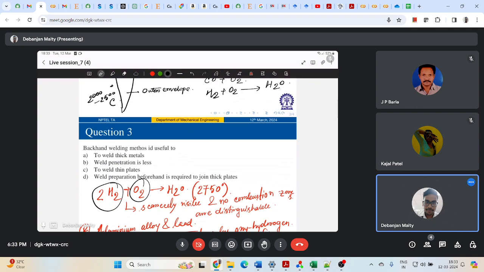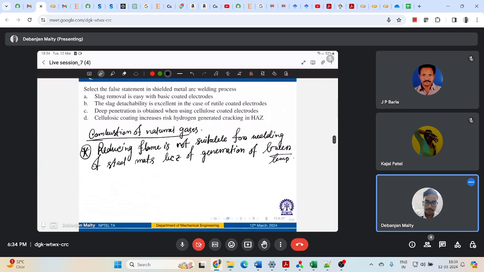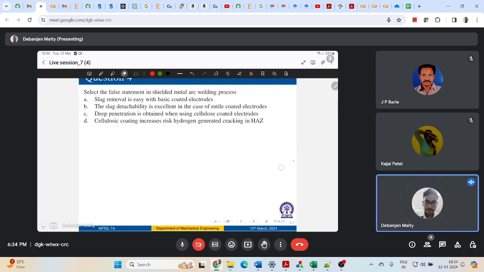Now I will come to the welding method part, where you do either forehand welding or backhand welding, right? Either it is leftward or rightward, in whatever way you mention. Now, what happens in the forehand welding method? Let me draw a schematic.